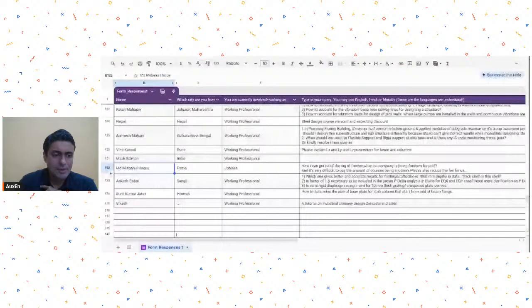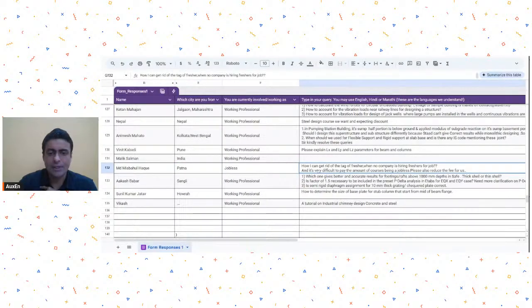Then the next question was asked by Mr. Mohammed Misbahul Haq from Patna, and he's saying, "How can I get rid of the tag of fresher when no company is hiring freshers for a job?"